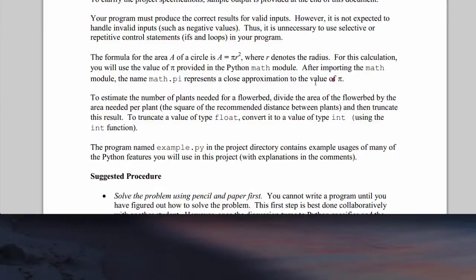And so we just took care of math.pi. We took care of truncating using the int function. And notice what else we have here. How are we going to estimate the number of plants for the flower bed? Well, we give it to you. We take the area of the flower bed, let me call it A, and we divide it by the area needed per plant, which is the square of the recommended distance between the plants.